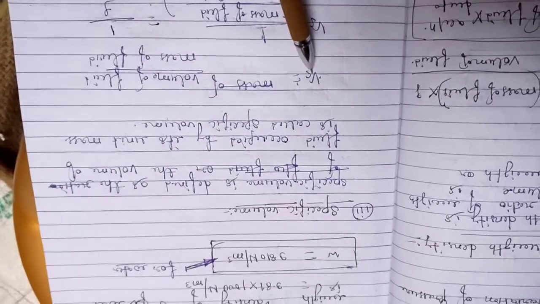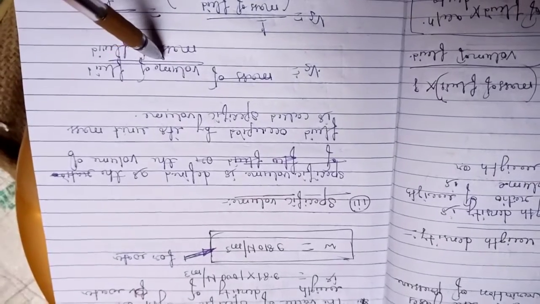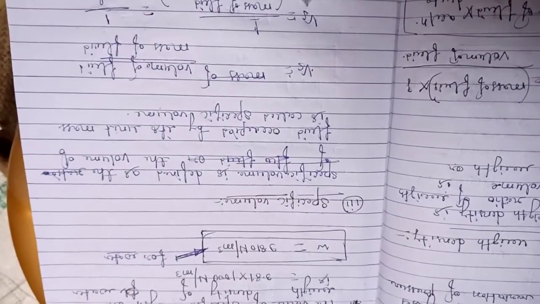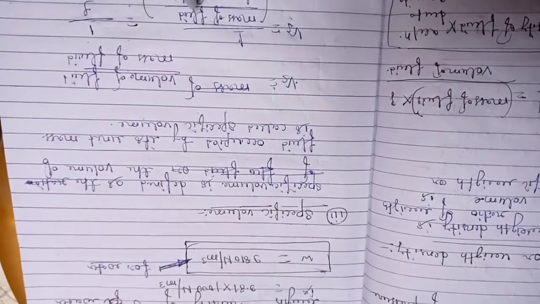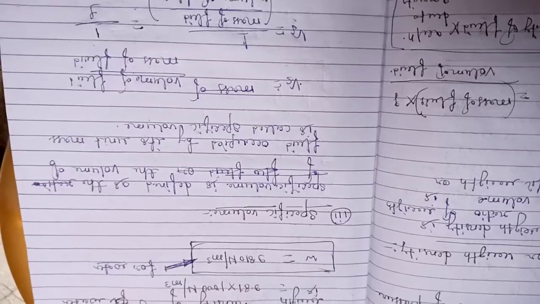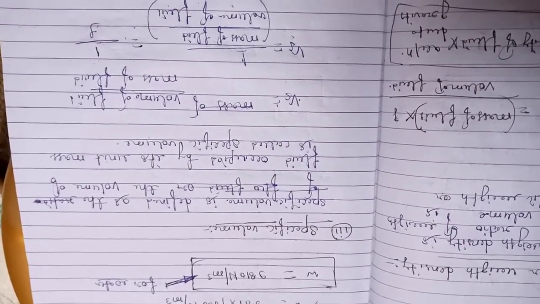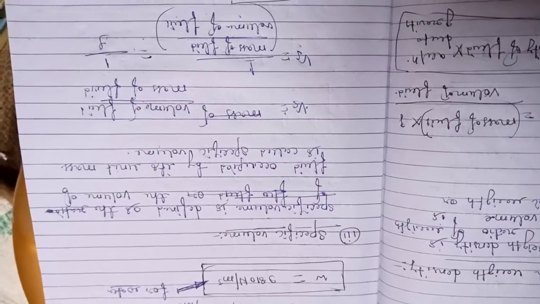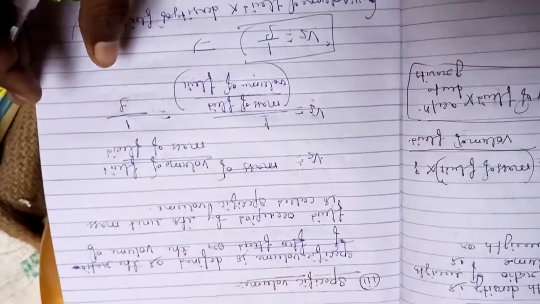Specific volume is the volume of a fluid divided by the mass of the fluid, and Vs is equal to 1 by rho. Vs is equal to 1 by rho. The specific volume of a fluid multiplied by the density of the fluid is equal to 1.